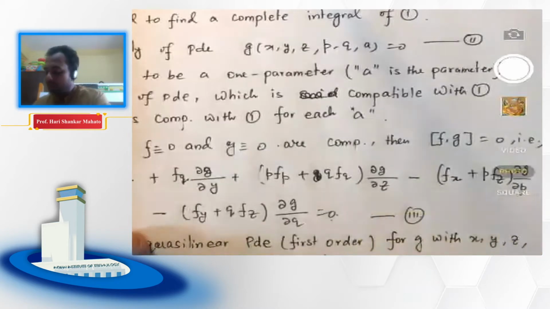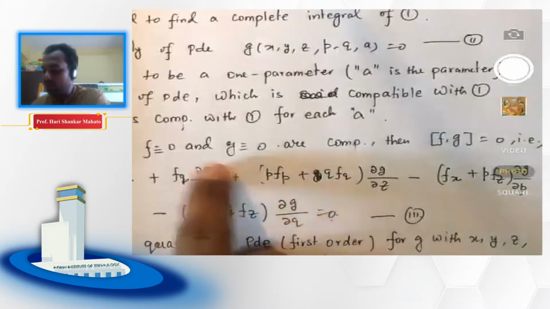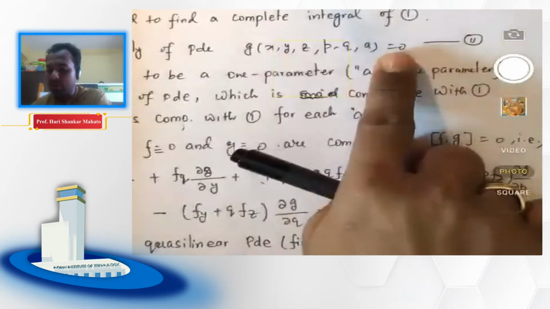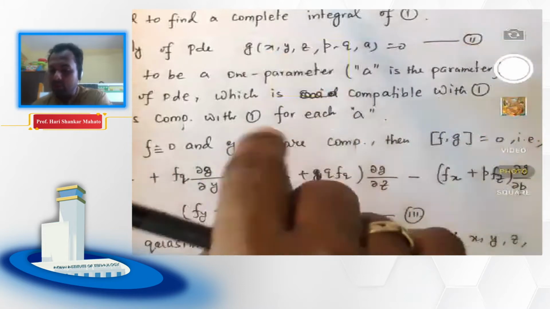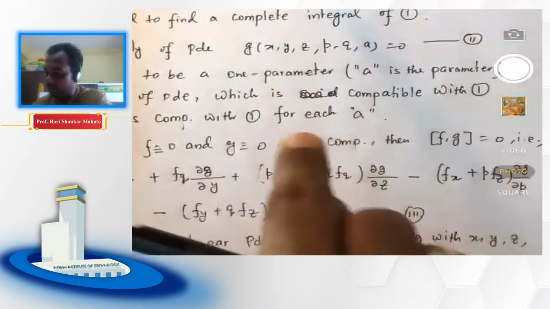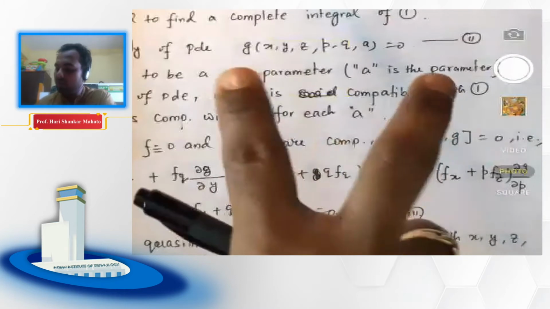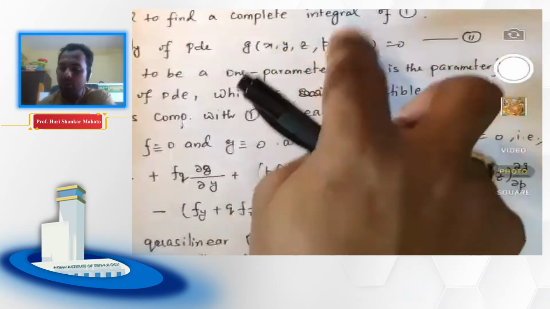So now our problem is to find a one parameter family of PDE 2, such that each member of this family of PDE is compatible with PDE 1. For every value of A, it is compatible with 1.